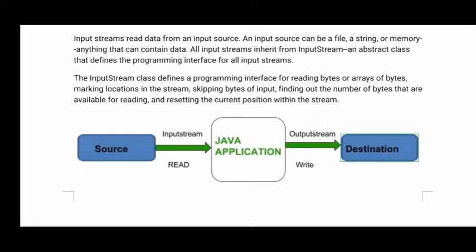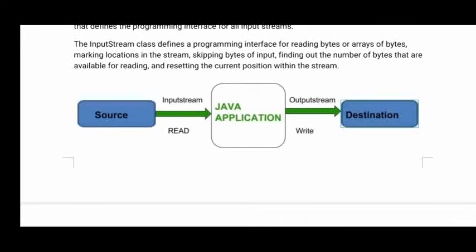Okay, next here you can see the picture: source, program, input stream, Java application, output stream, destination. So using an input stream, we can read the data, and that data is given to the Java application, and based on the data some calculations are performed inside the system, and the result is given to the output stream.